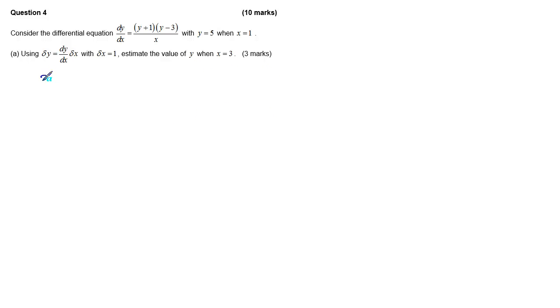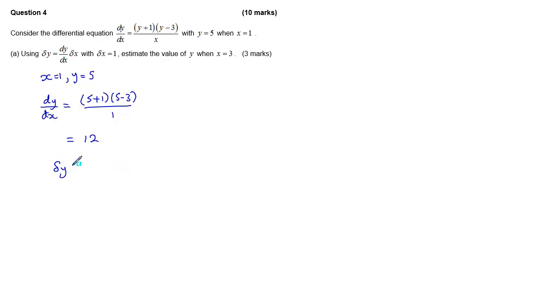So, x is 1, y is 5. That means that dy/dx is going to be (5 plus 1)(5 minus 3) over 1. So that's 6 times 2 over 1, which is 12.